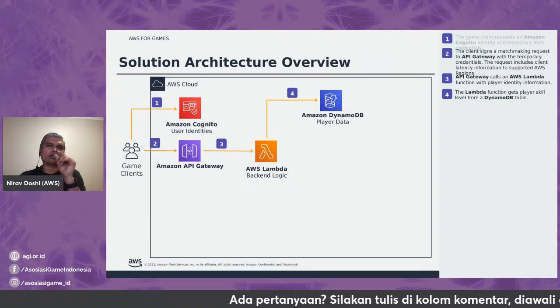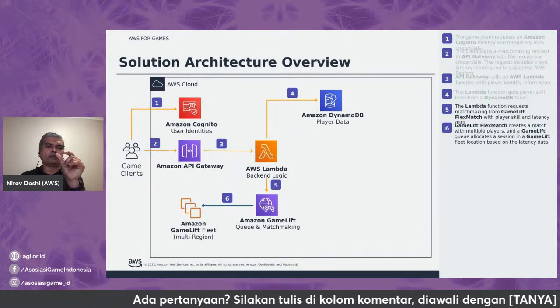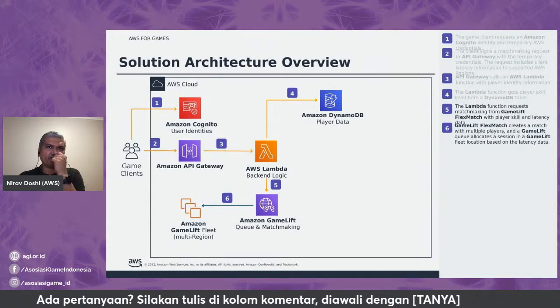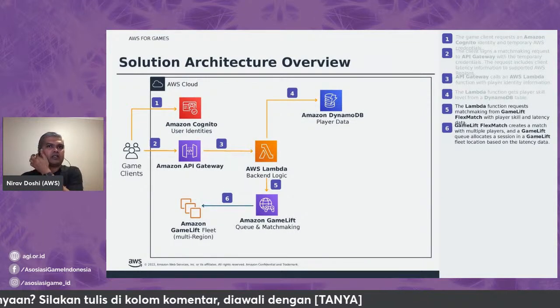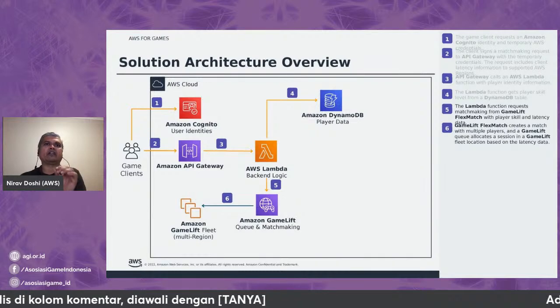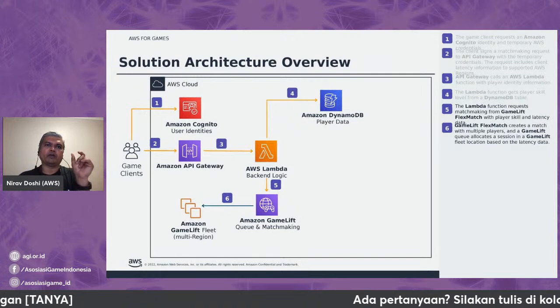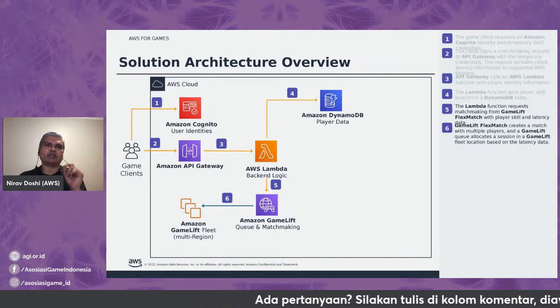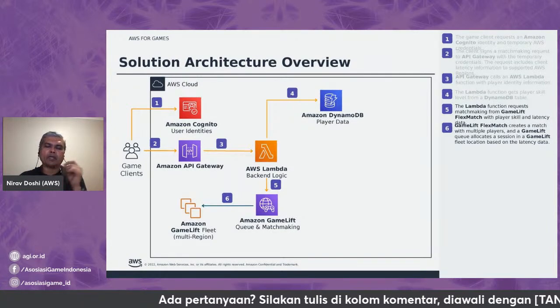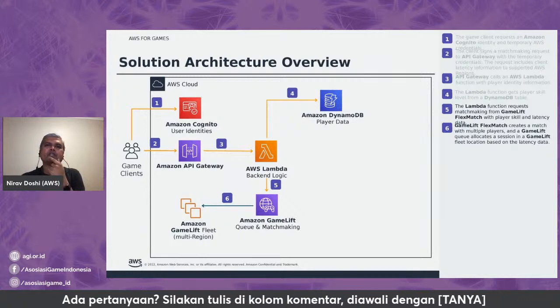Now this data is extracted from the data store and it is pushed out to GameLift. The GameLift matchmaker, that is FlexMatch, now uses that information to match this player with a game server instance that is running in an Amazon GameLift fleet.